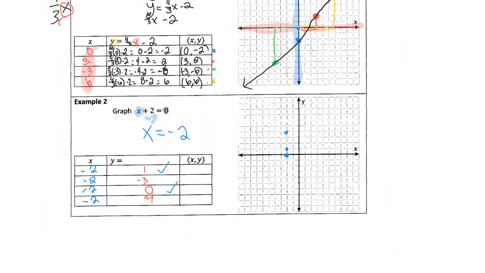Then -2 and 4, and -2 and -3. If you notice, all of these are on the same line. Whenever you have x equals something, that tells you it's a vertical line at whatever that number is. Since it's -2, it's a vertical line there.